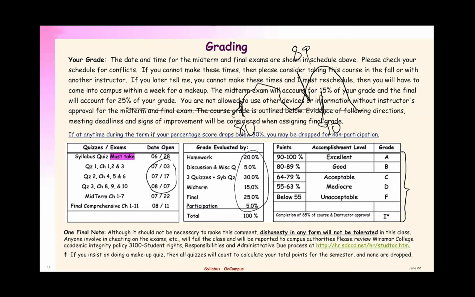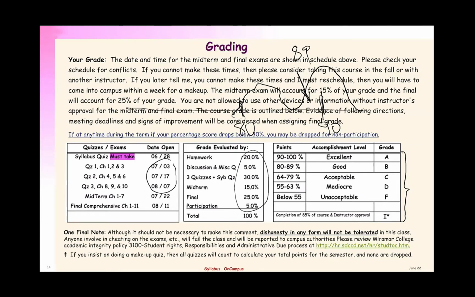So that's usually how I adjust my grading scheme. 89, 88 sometimes, okay, may merit getting an A grade. 79 may merit getting a B grade, just depending on how the class distribution happens to lie. So just keep that in mind.